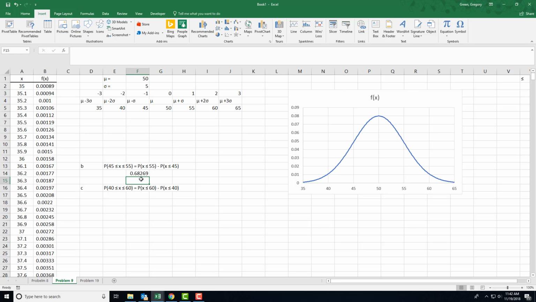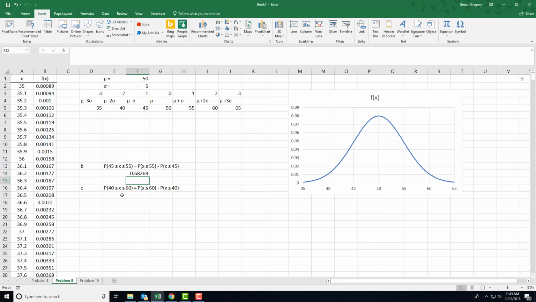It's about 0.68, or what we have just discovered, again, is that 68% of the random variables in this sample should lie between the number 45 and 55, which is 1 standard deviation to the left and right of the mean.